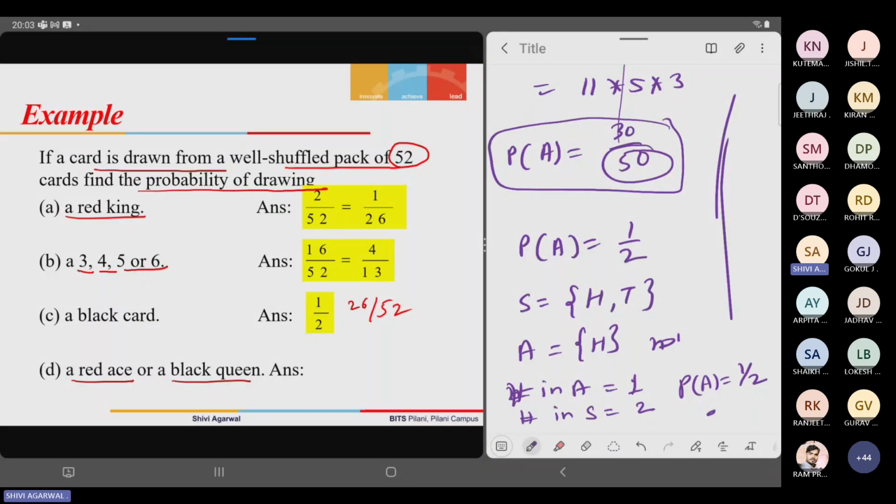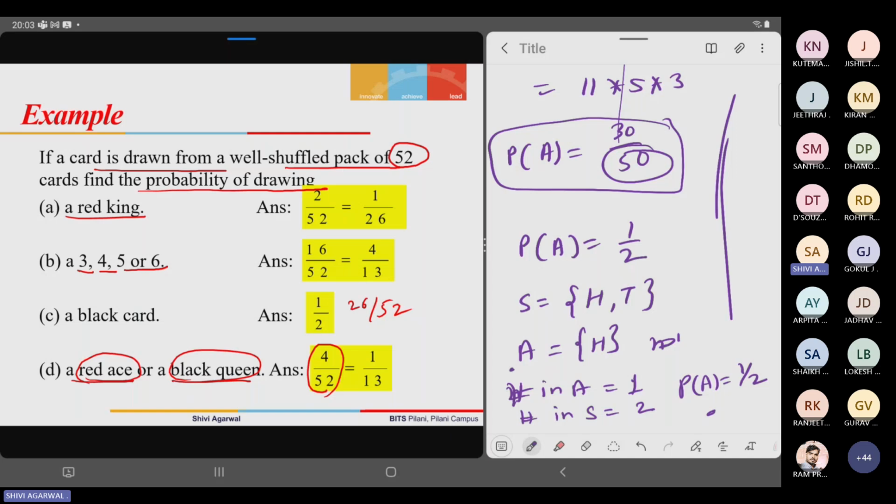So what are the options here? Red ace: there are two red aces and two black queens here. So it is 4 by 52. I don't have the card right now, so we are applying the classical approach.